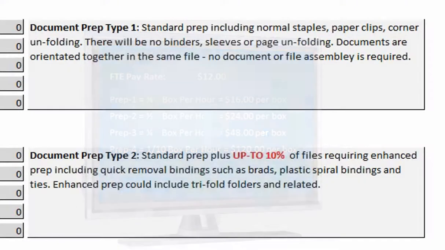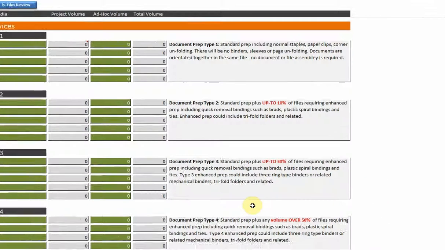Document prep 2, which would be considered a slightly increased work effort, would equal to processing only an average of 1/2 of a box per hour. The increased work effort could include up to 10% of the documents in this box, requiring an enhanced prep effort or premium prep service, such as removing pages from brad fastened folders, spiral bound notebooks, or other.